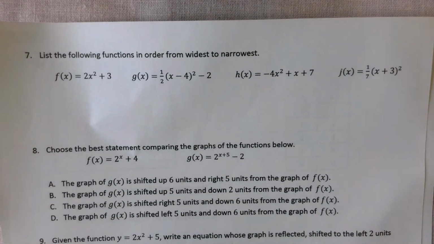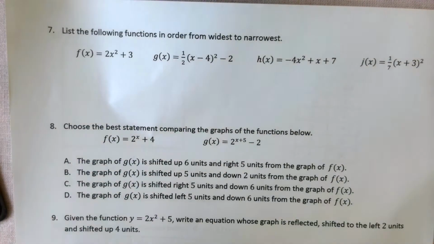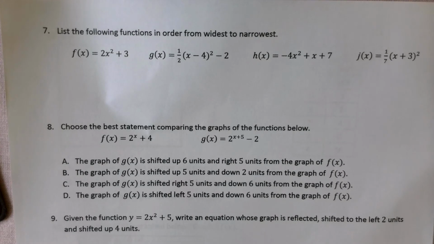So now, using what we just learned, we are going to list our functions in order from the widest to the most narrow. Okay? So remember, our wide functions are going to be the numbers that are less than 1. Okay?